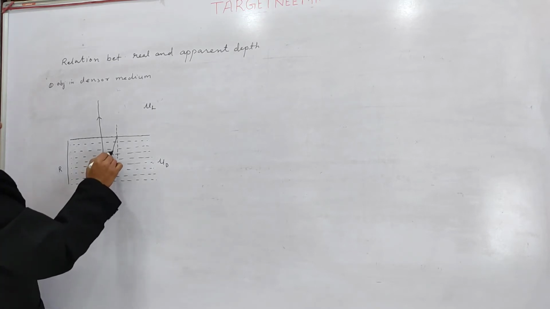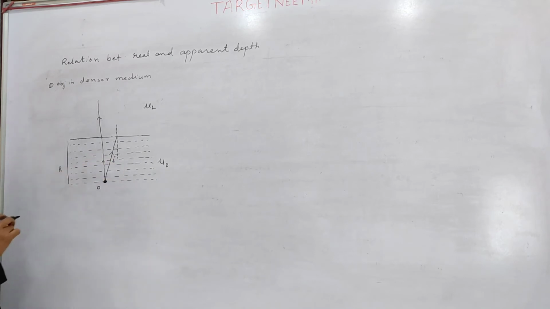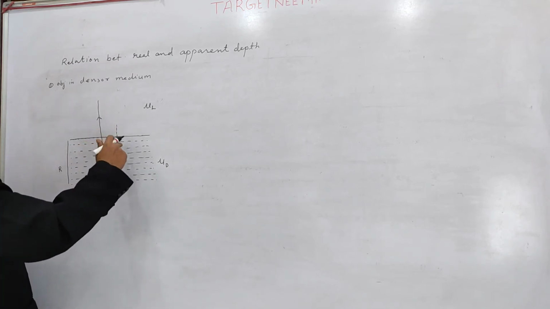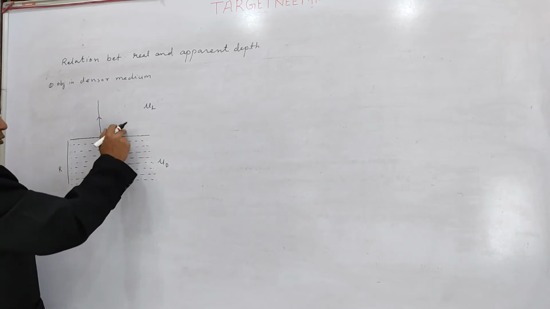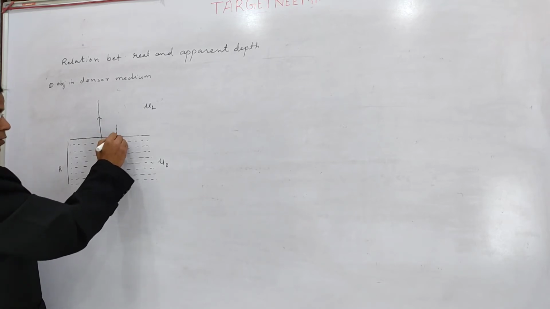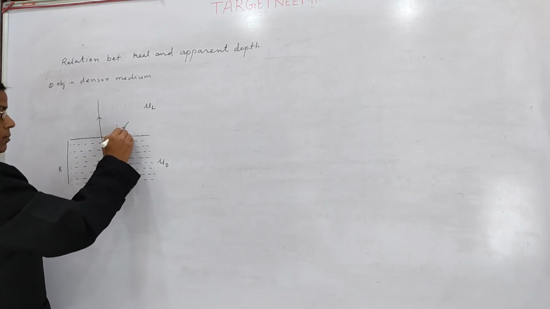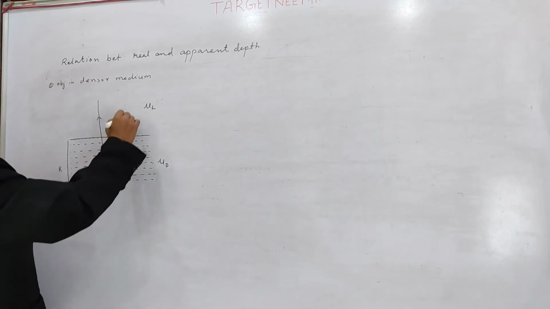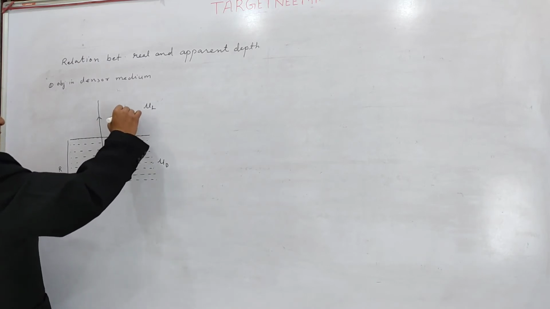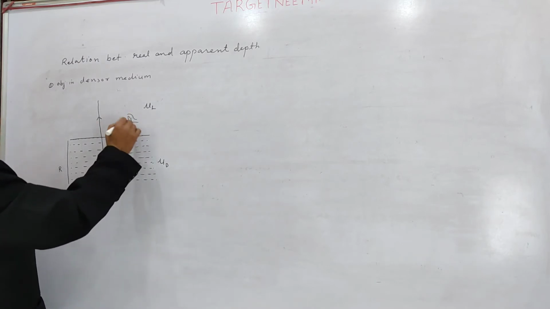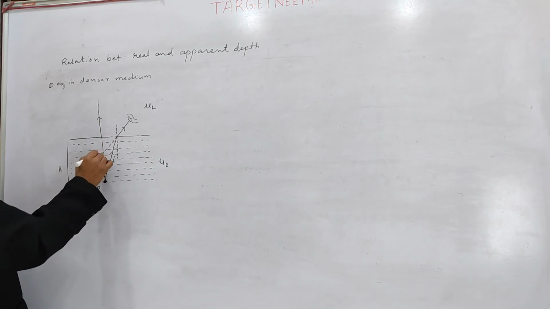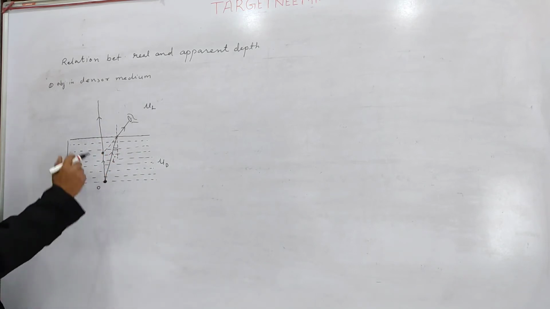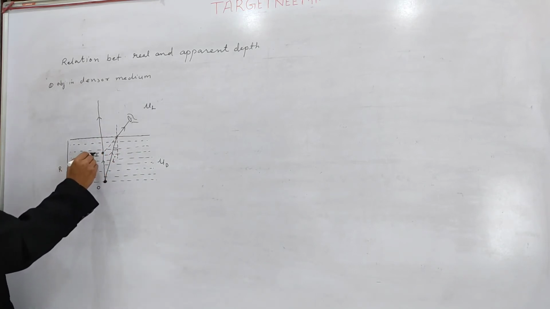Now this angle is said to be angle of incidence. As the ray is going from denser to rarer, it bends away from normal, so it will go like this. If this ray goes in our eye, it appears that the ray is coming from here, so image of this object will be visible here.